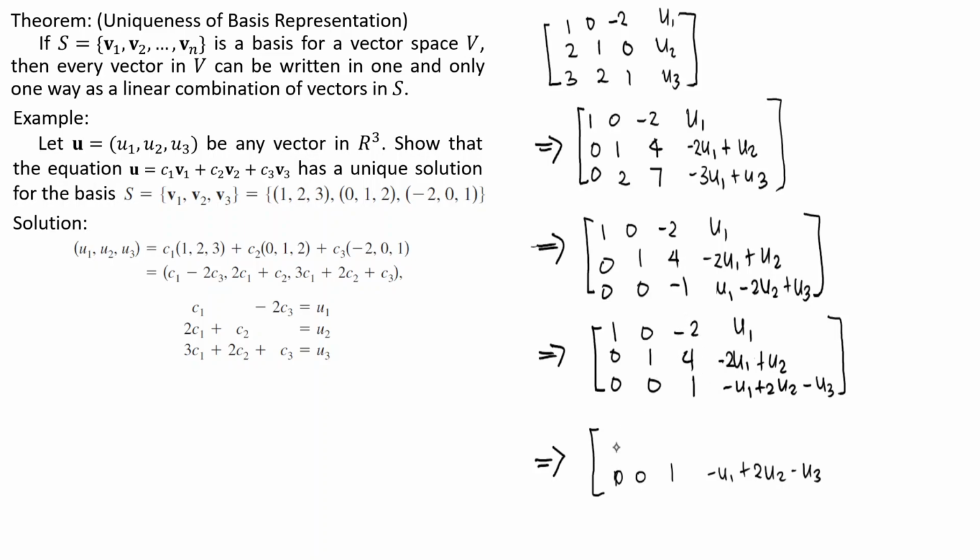So we will make these two zeros here. We can multiply this by negative 4 and then add to this one. So this becomes 0. Again, we multiply by negative 4, so this becomes 4 u sub 1 minus 2 u sub 2. That means we have 2 u sub 1 and then times negative 4. So that's negative 7 u sub 2 and then times negative 4. So that's 4 u sub 3. Okay. And then next, we have the first row.